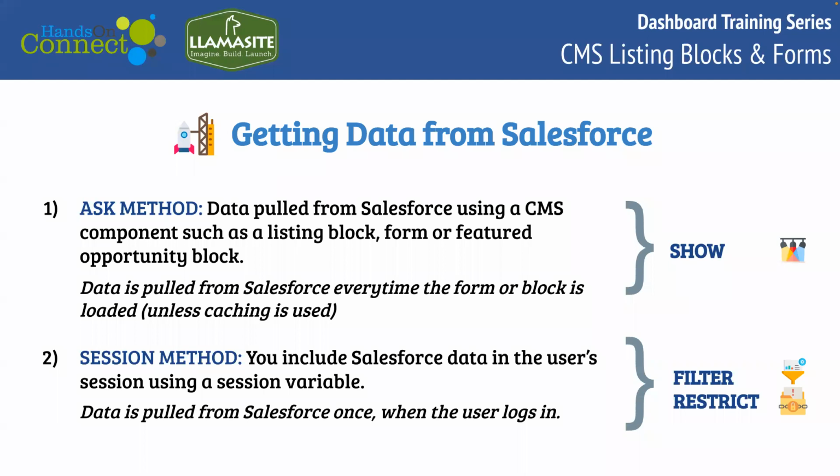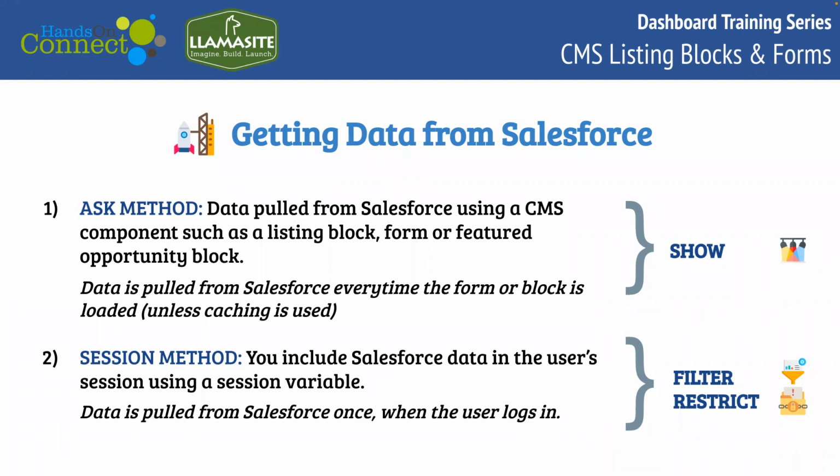That's basically the data we're showing. But we also need to filter it by that user. Like I said earlier, we don't want to show users other people's data when we're pulling this data, so we need a way to filter. Interestingly, all the data we need to show, filter, and restrict is coming from Salesforce, because all the opportunity data is in Salesforce.